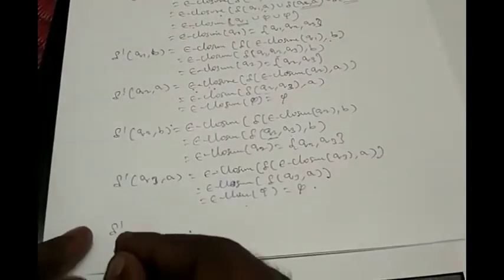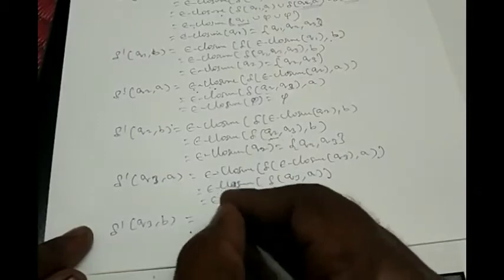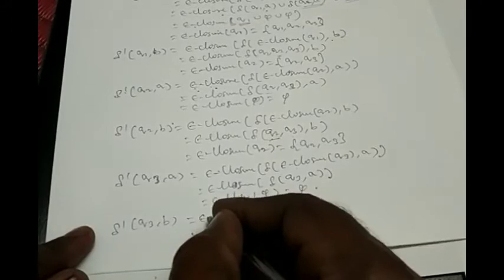Now the last one is delta dash of Q3 comma B. This also results in phi, because B also cannot be applied in Q3. Epsilon closure of Q3 is Q3 itself.